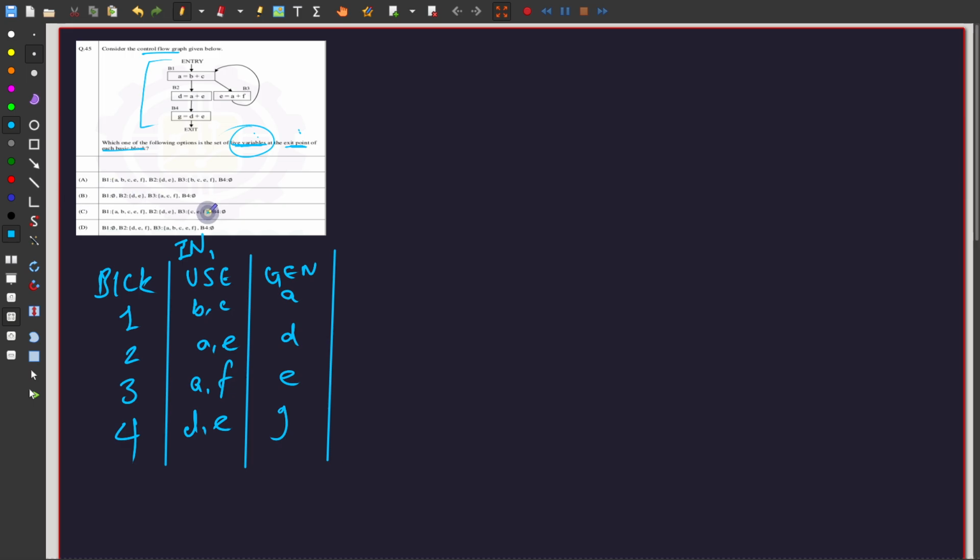Next, out 1. Now we have to look at the variables that are coming out of these particular blocks. How do you get the out? Out is the union of the in of all the successors.